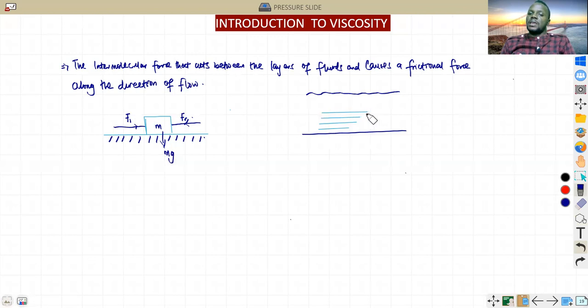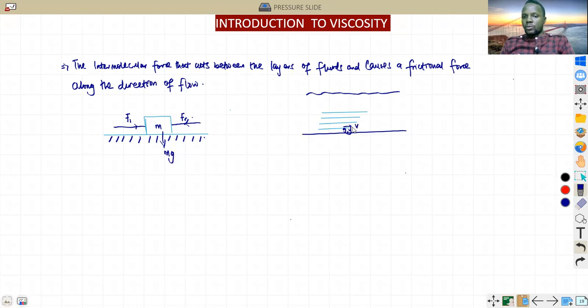From here, if we try to draw from what we have studied, let's say we are considering a particular height, which I'm calling y. And we say this particular liquid is flowing with a particular speed we call v.